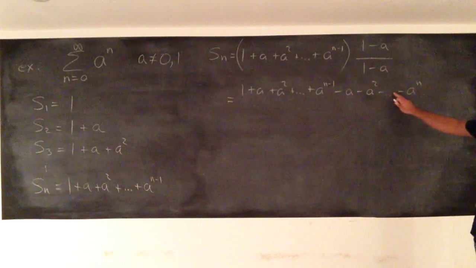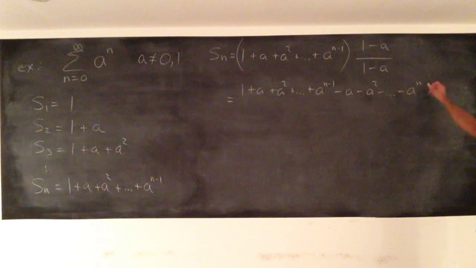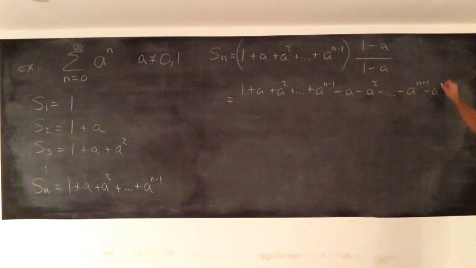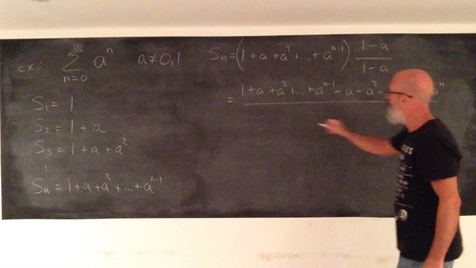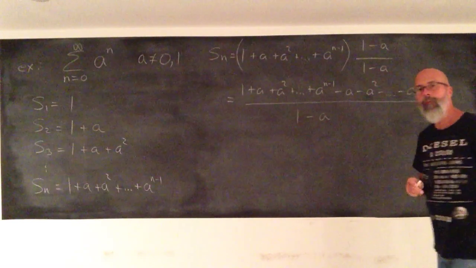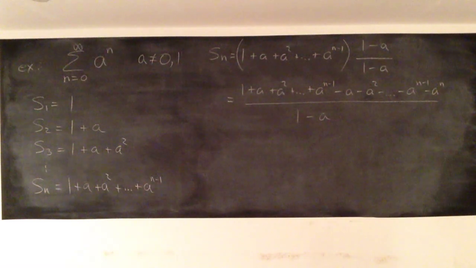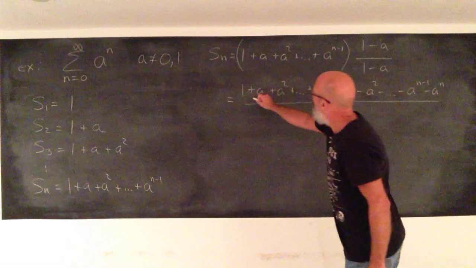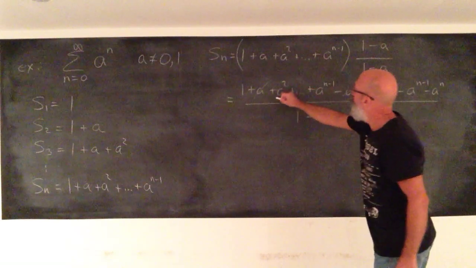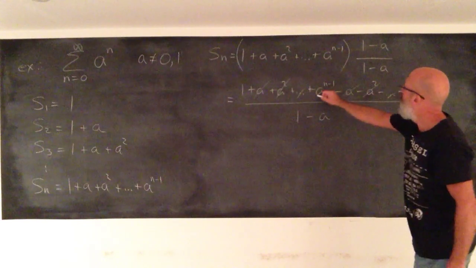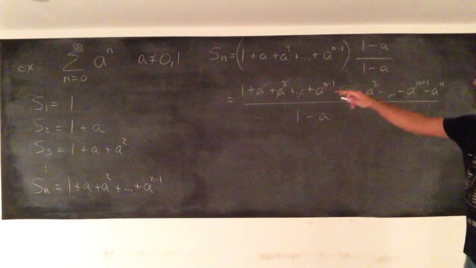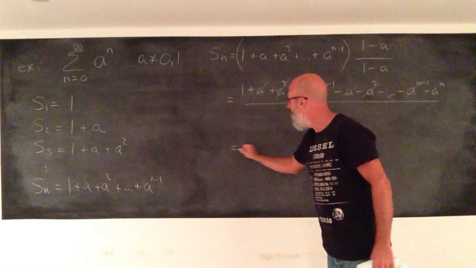And the term that comes right before is A to the n minus 1, so why don't we write it like this? Only to understand what's going to happen. And the A's cancel. The A squares cancel, everything cancels, except the first and last terms.